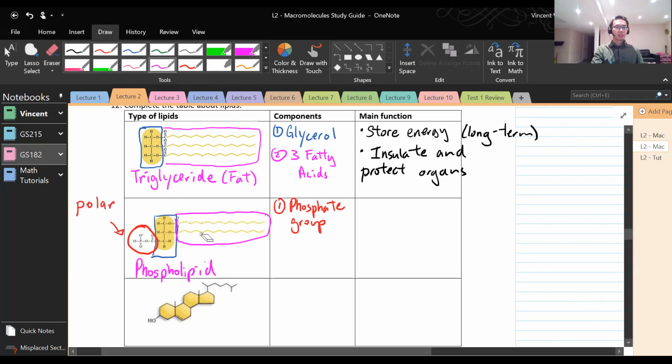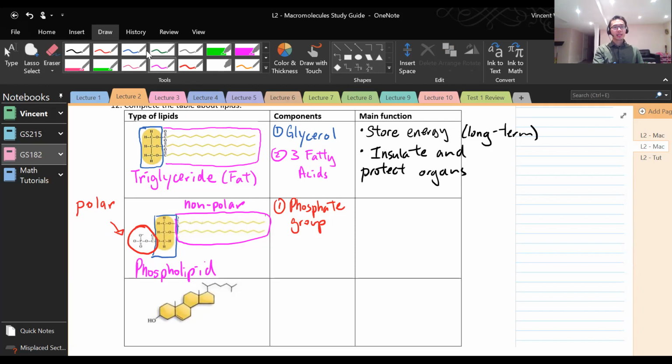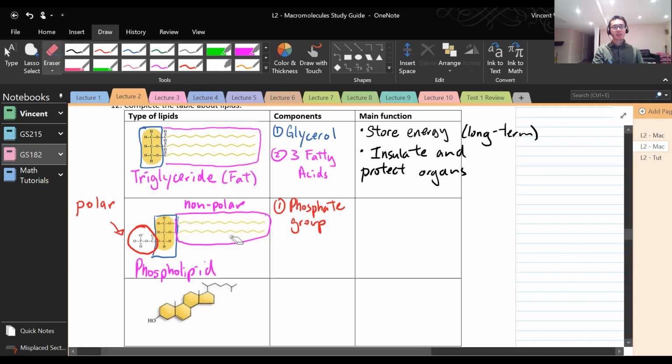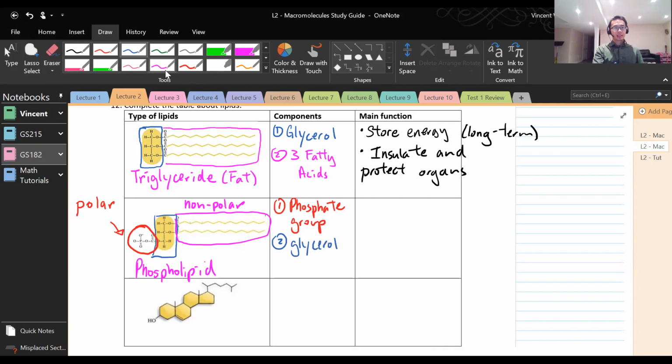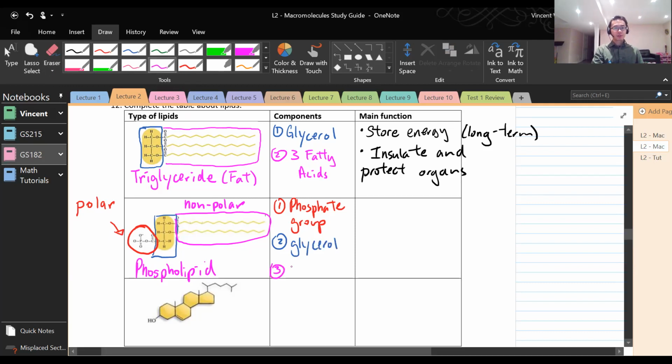And then the tail, the fatty acid tail, that makes it non-polar. Okay, so this is a special molecule. It has a polar part as well as a non-polar part. Okay, so number two here, we have the glycerol. And then number three, we have two fatty acids.